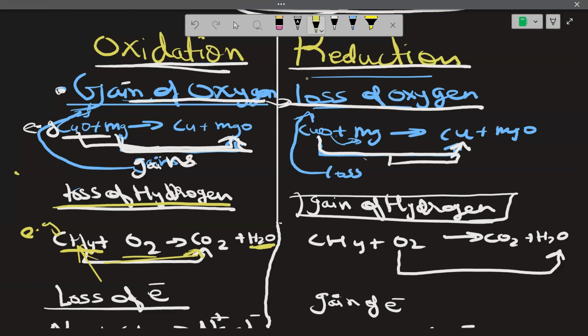So when it loses hydrogen, oxidation takes place.